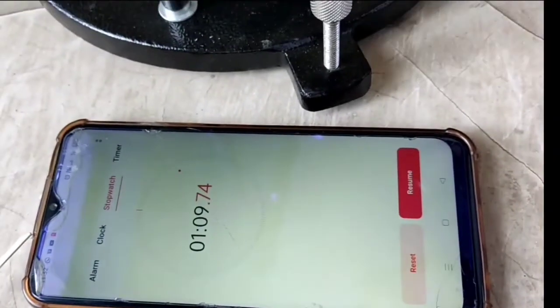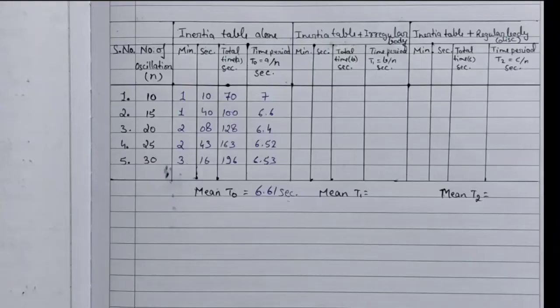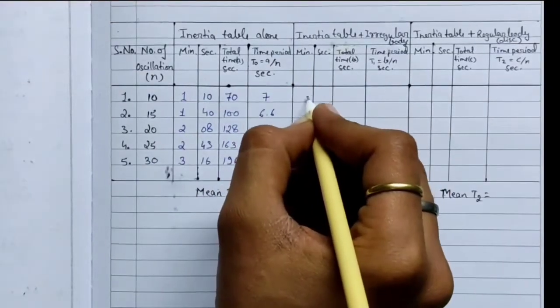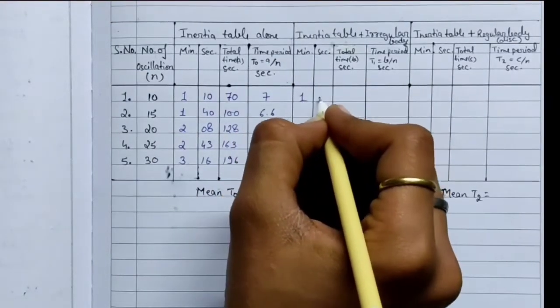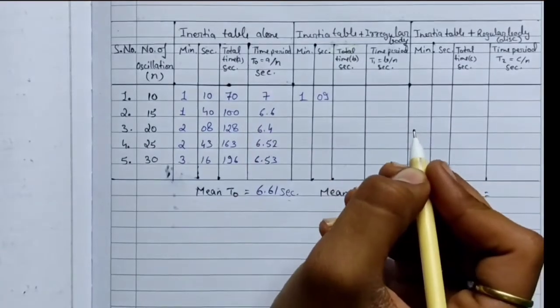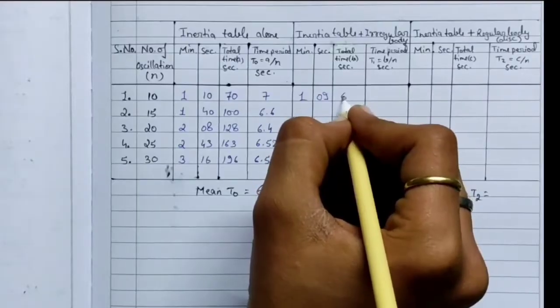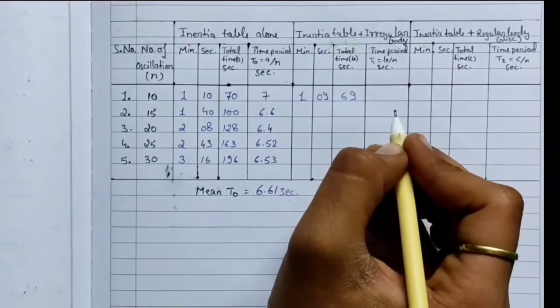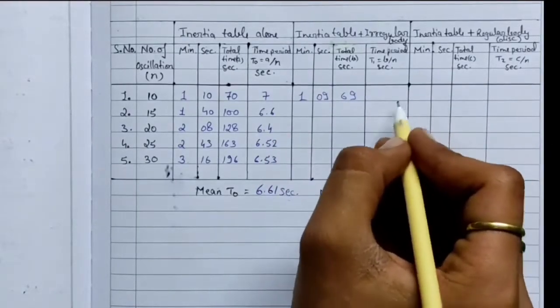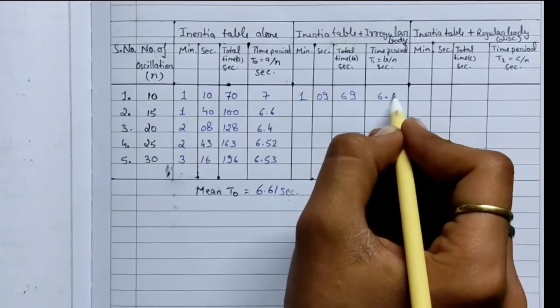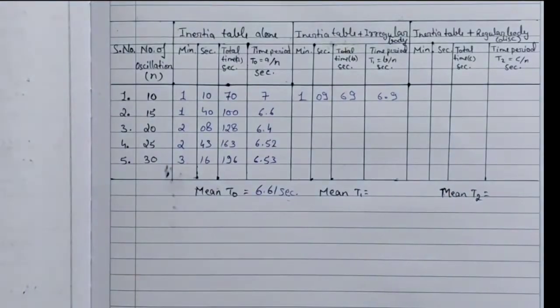So let's note it first. So जैसा कि अभी हमने देखा, हमारी रीडिंग आई है 1 minute and 09 seconds. So this can be written as 69 seconds. So by time period we can just say that this is 6.9 seconds.